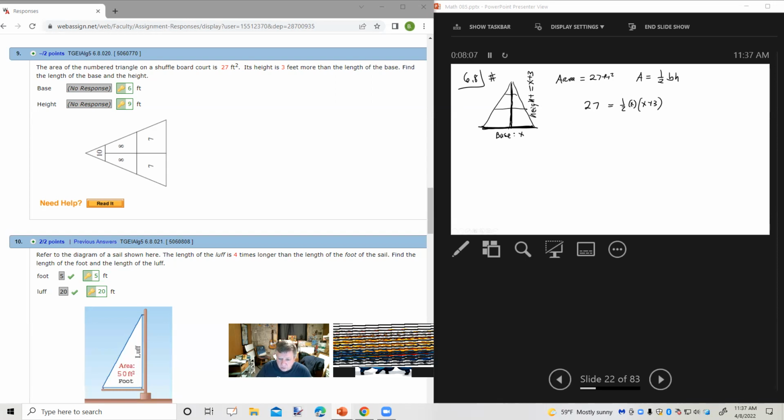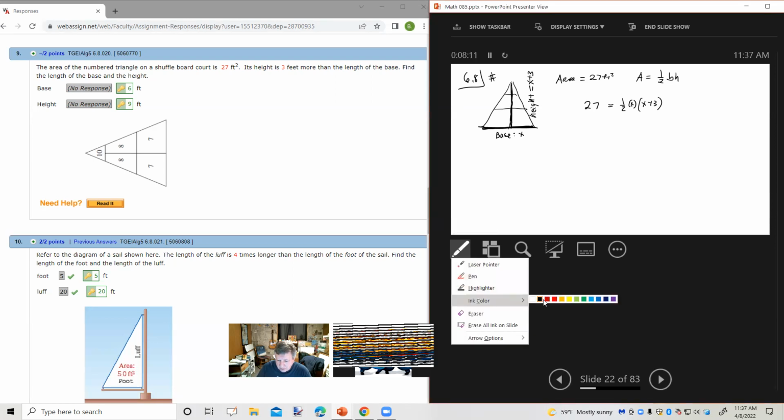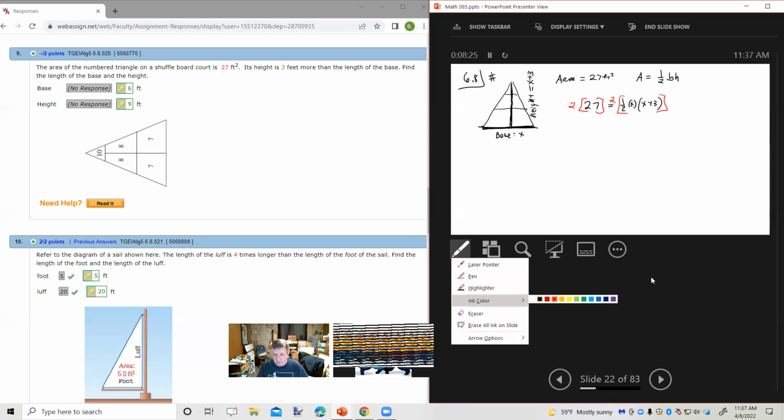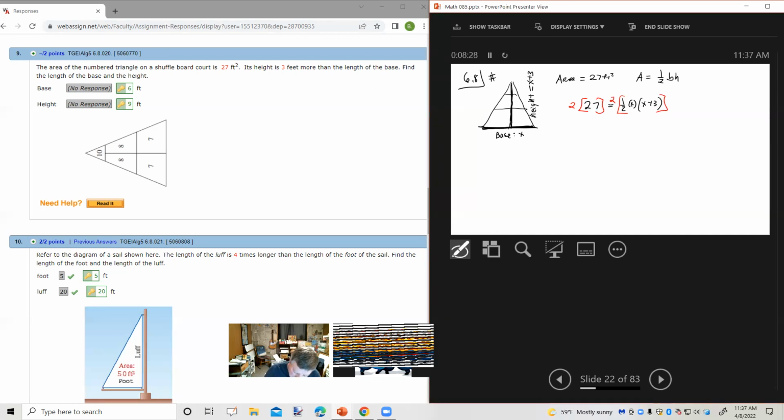So what I'm going to do, let's change our ink color to red. I'm going to multiply both sides of this equation by 2. On the left side, 2 times 27 is 54.